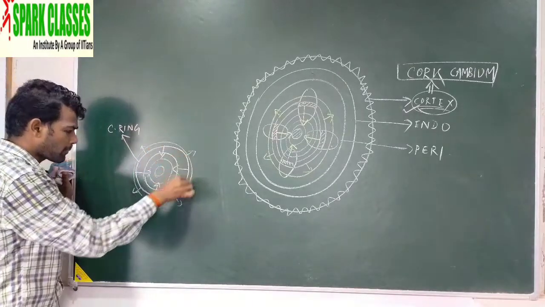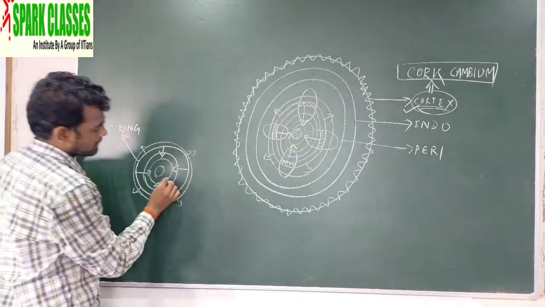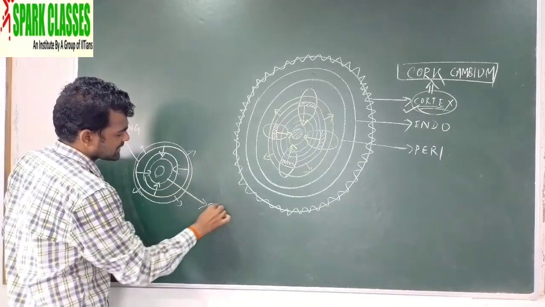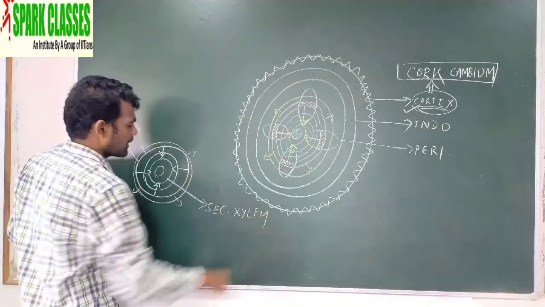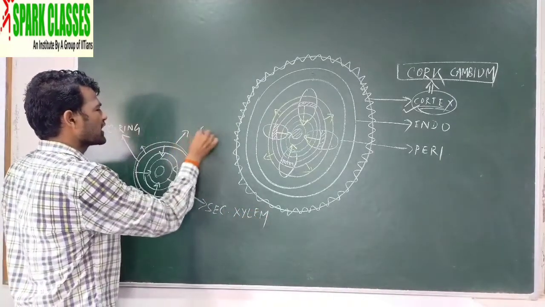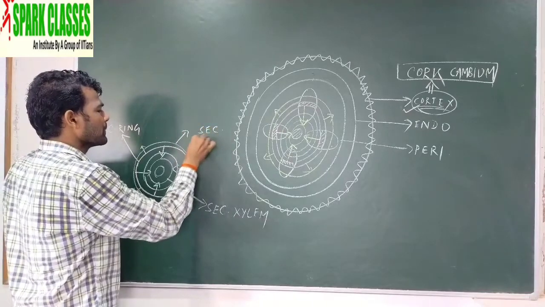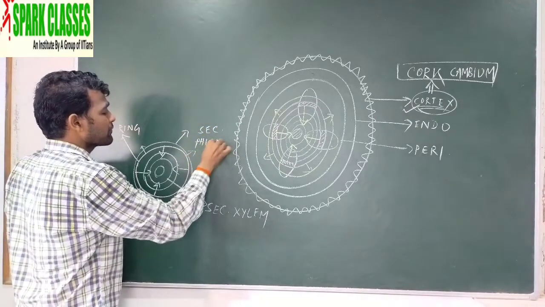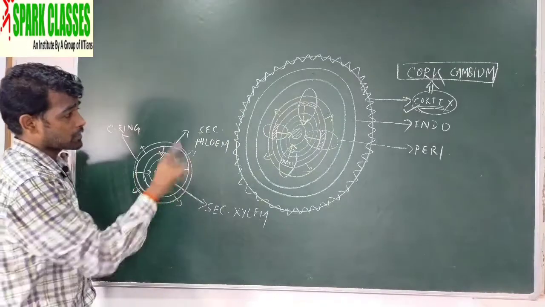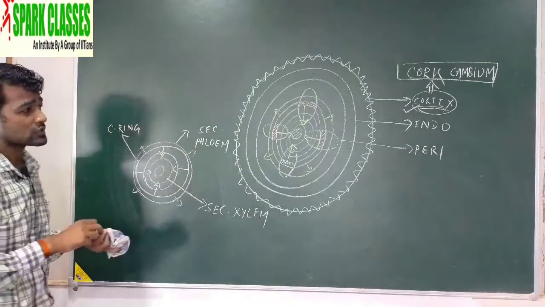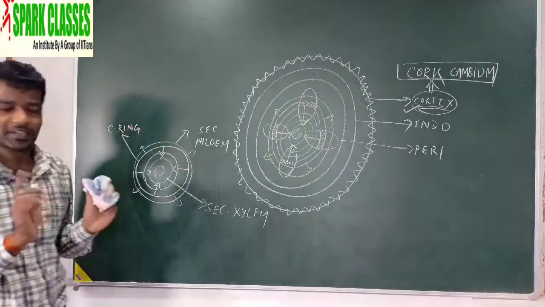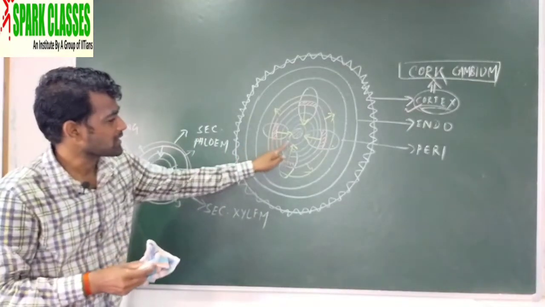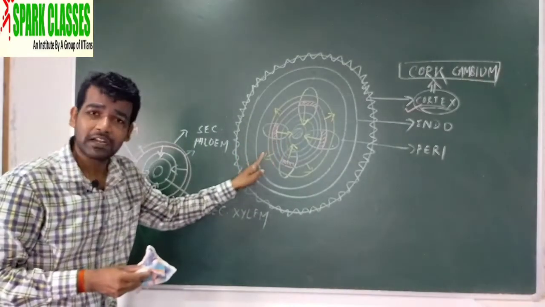Just like secondary xylem, which I can show at the center, towards the outer side secondary phloem is produced. Listen carefully, I am going to ask you a question after 1 to 2 minutes. Important concept. Now this about the cambial ring is completed: towards the inner side secondary xylem, towards the outer side secondary phloem.